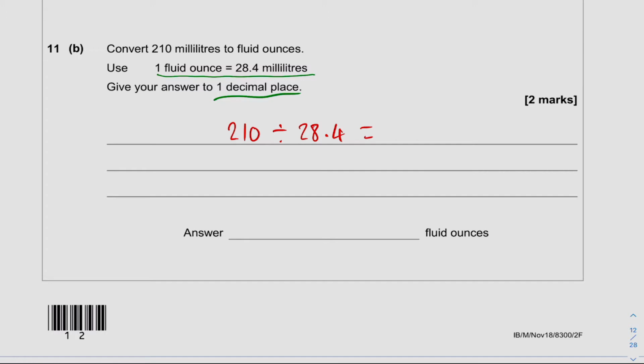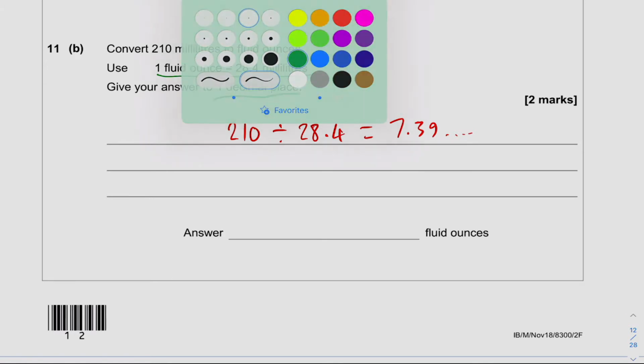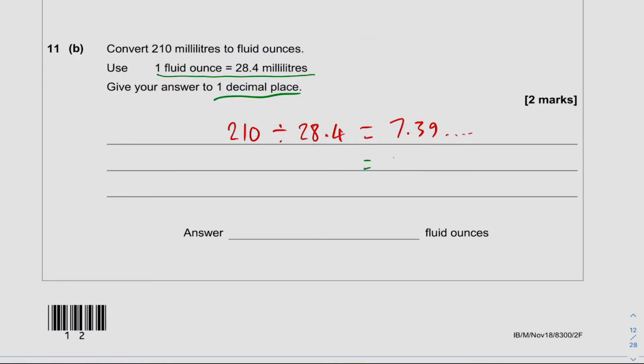And when we do this, this comes out as 7.39, and then there's some more decimal places at the end of this, but as we only need it to 1 decimal place, we simply round up the 9. So we round up the 9, and this is equal to 7.4 to 1 dp. So therefore our answer is 7.4 fluid ounces.